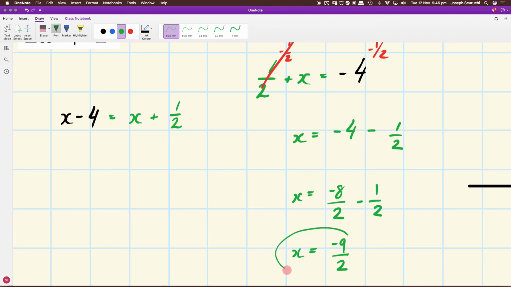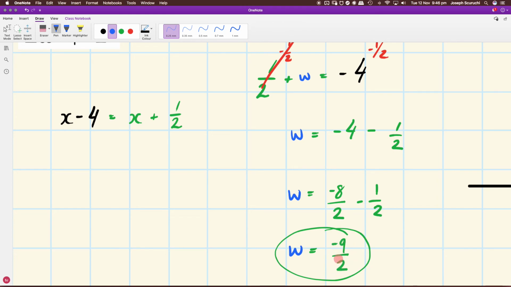So this, I really shouldn't have used x as my example because we already had x there. So that was actually my bad. Let me use something else. Let me say w. So this w is going to equal negative 9 over 2.